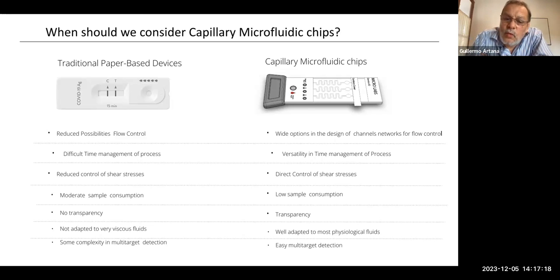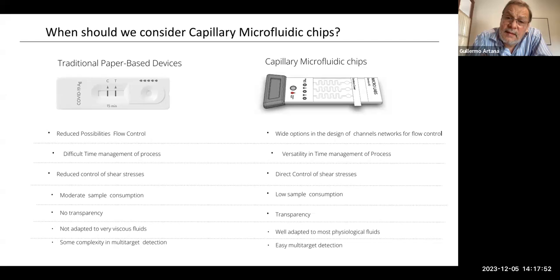At the same time, I would mention that they are quite well adapted to most physiological fluids, which are in general non-Newtonian and rather viscous. They are well adapted to most of them because you don't need to condition the sample, or treat or handle the sample prior to use, as in traditional paper-based devices.